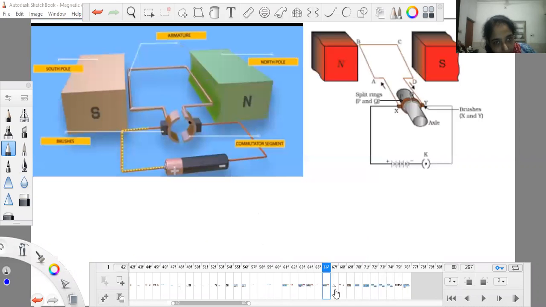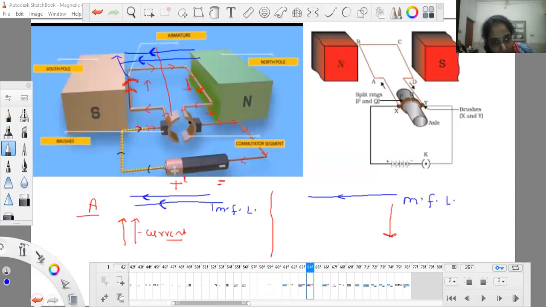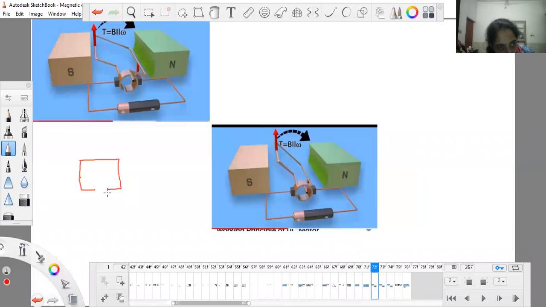What did we study? We studied that in this case, I am going to draw an armature. Okay, this is my armature, and this is the armature attached with the split ring.